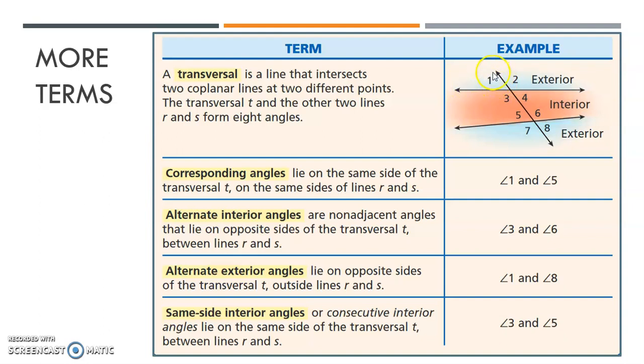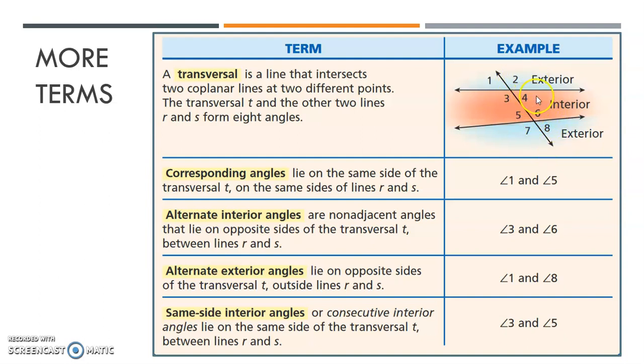So like 1 and 5 are corresponding, because if I took this intersection and I slid it up, the 5 would be on top of the 1. So 1 and 5 are corresponding, and 3 is corresponding to 7, 2 corresponds to 6, and 4 corresponds to 8. Okay, 2 and 6 because they're both on the right side and they're both above a line.